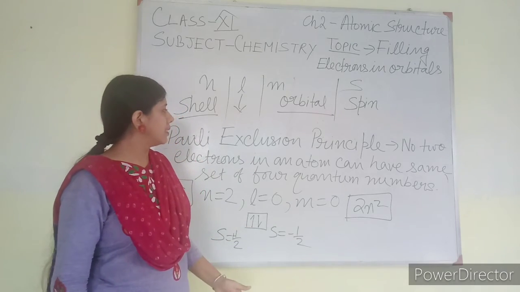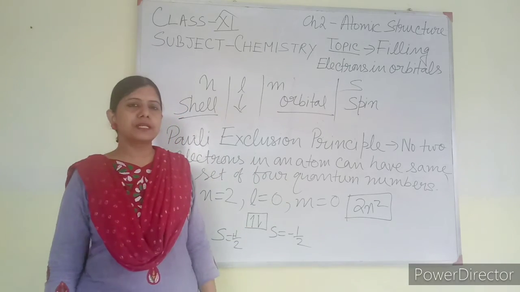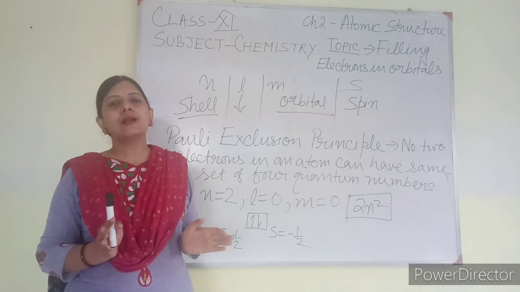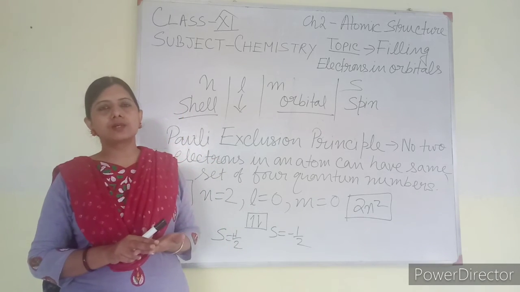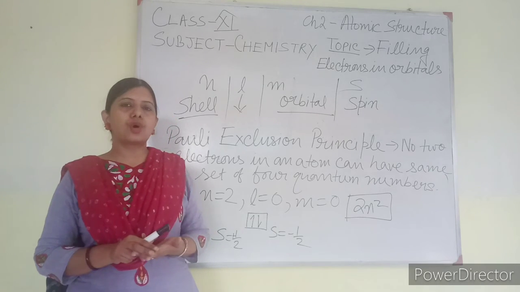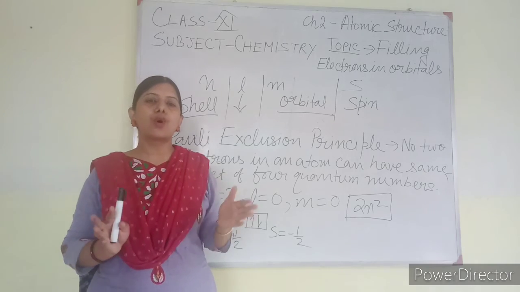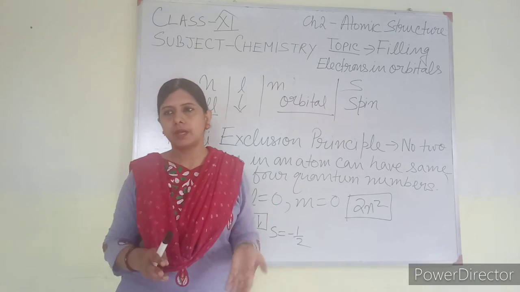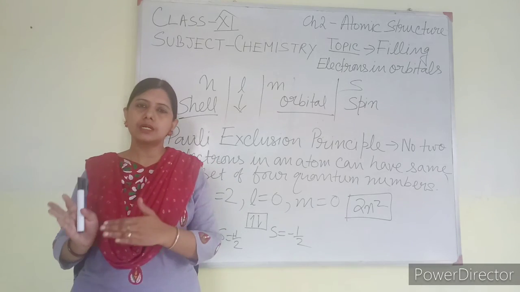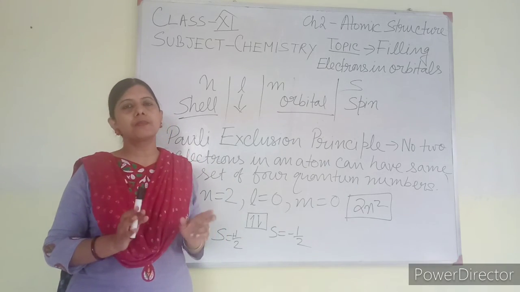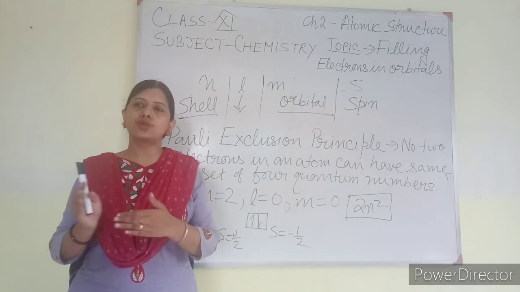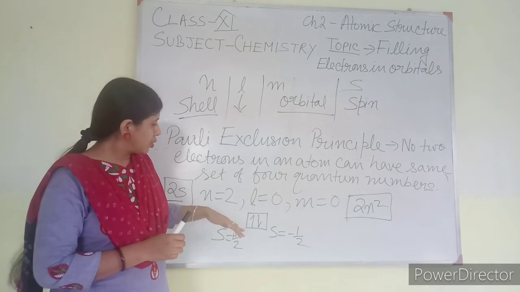So today you have learned about Pauli's exclusion principle, which gives the conclusion that in an orbital only 2 electrons can enter and no 2 electrons can have all 4 quantum numbers the same. 2 electrons of an atom can have 3 quantum numbers the same, but 1 quantum number must be different, which separates each electron from the other.